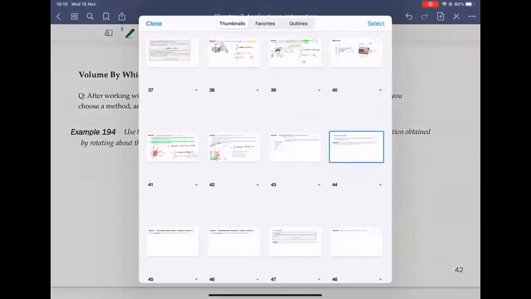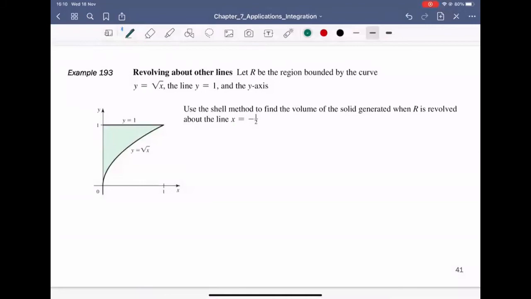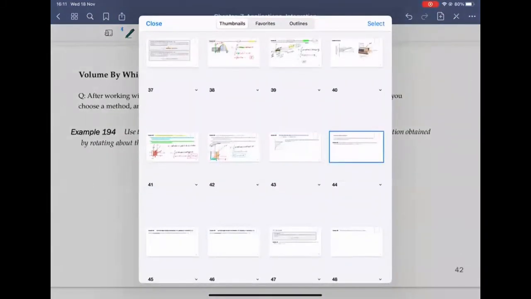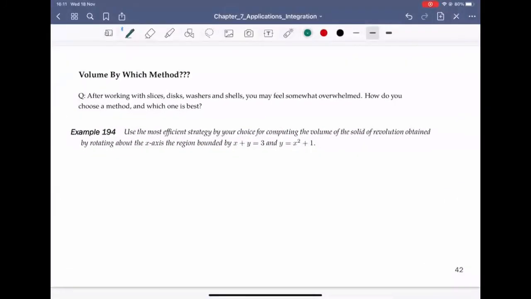All right, so what we are going to do is one more example, which is example 193. And then example 194 and so on. This is going to be in the clip. I'm going to make the clip for you on my YouTube channel, and I'm going to say this is a practice problem, so you can do it at home and then check with my solution in the clip.